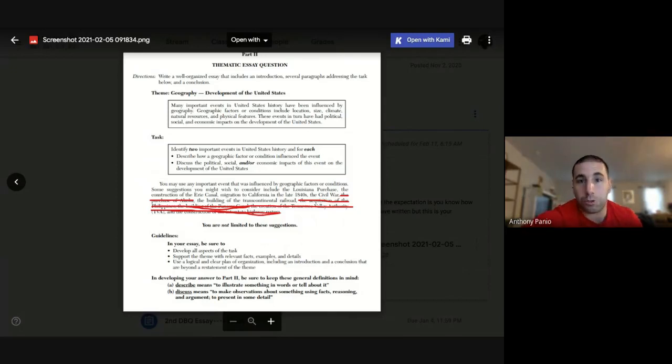Okay, and that's what you're doing for the first body paragraph, and then the next body paragraph, discuss the political, social, and or economic impacts of this event on the development of the United States. Depending on the topic you choose, there can be a political, social, and economic event. Okay, if you choose a different topic, it might only just be a social change.